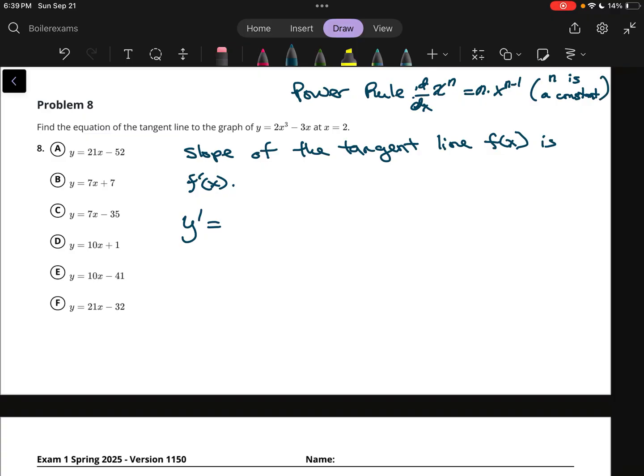So by the power rule, that's equal to 2 times 3 times x squared minus 3 times 1 times x to the power of 0, which is equal to 6x squared minus 3. The second step, to actually find the value of the tangent line slope, I plug in 1 to y prime. And if I do that, I get 6 minus 3, which equals 3. So 3 is the slope of the tangent line.